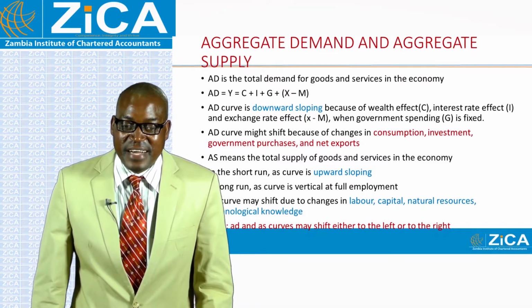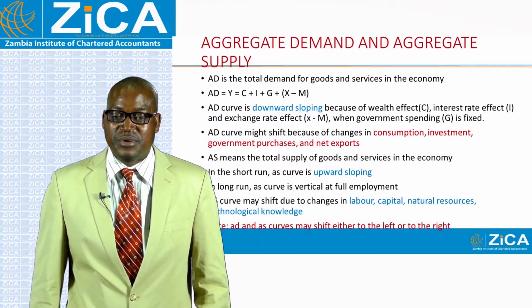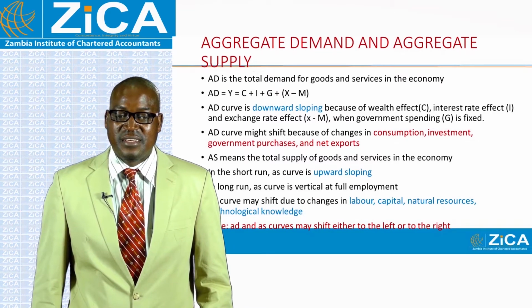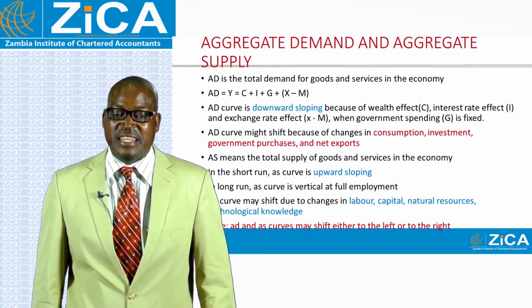Aggregate demand is the total demand for goods and services in an economy.